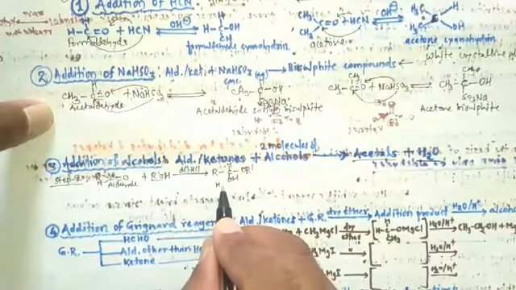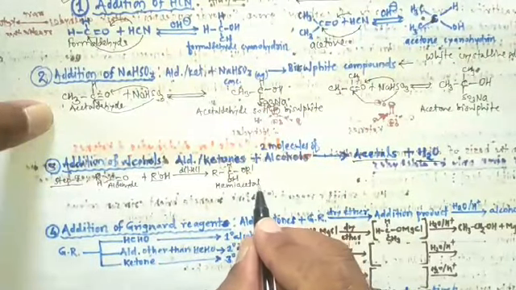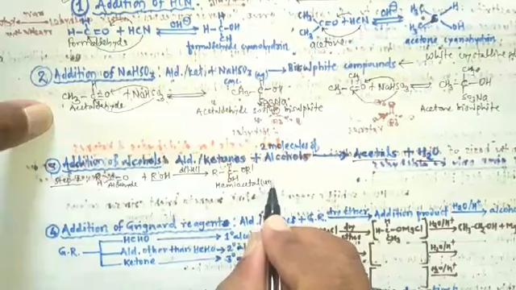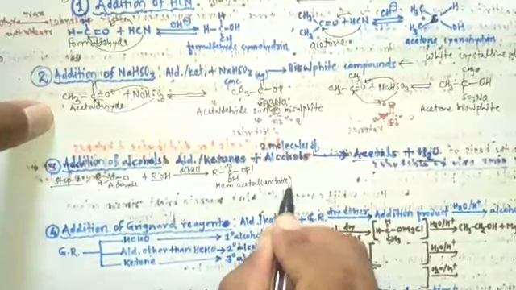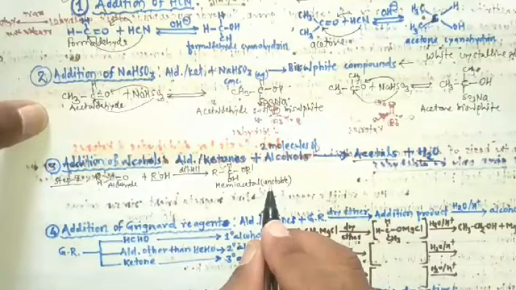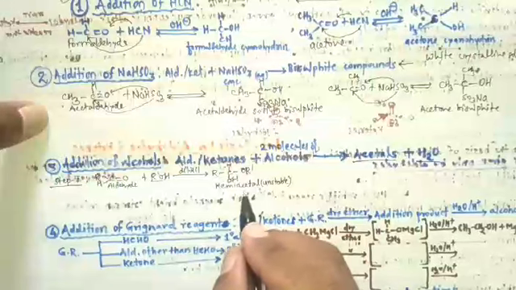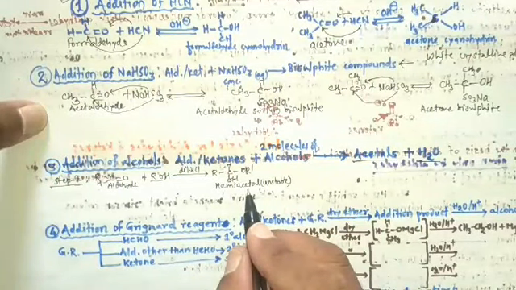So thus hemiacetal is formed. This hemiacetal is an unstable compound. So in first step, thus formation of hemiacetal takes place.